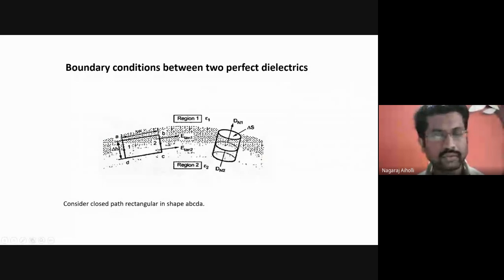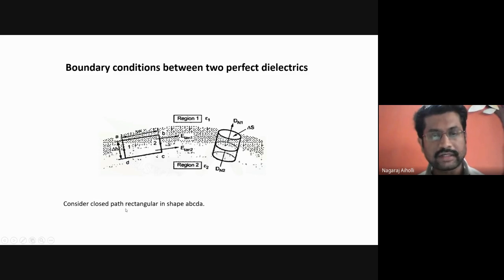Then we also know that the electric field intensity is resolved into two components: one normal to the surface, En, and another tangential to the surface, Etan. Similarly for the electric flux density also. This is about the diagram that we are seeing here. Then let us move on to the derivation part.